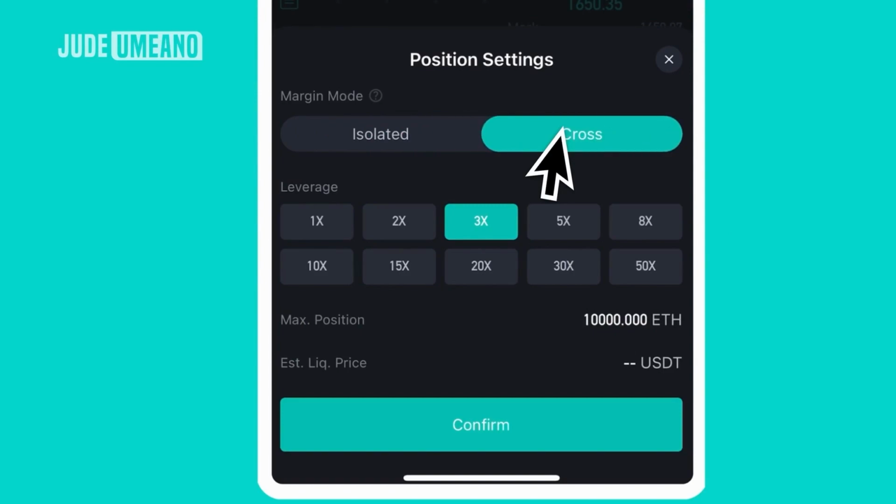If you are using isolated, the trade must have closed and you make a loss. But the thing is that if the trade keeps going against you, the whole of the money in your futures account might actually be liquidated and you lose everything. So only use the cross if you are a professional trader. If you're just new and beginning, please stick with the isolated.